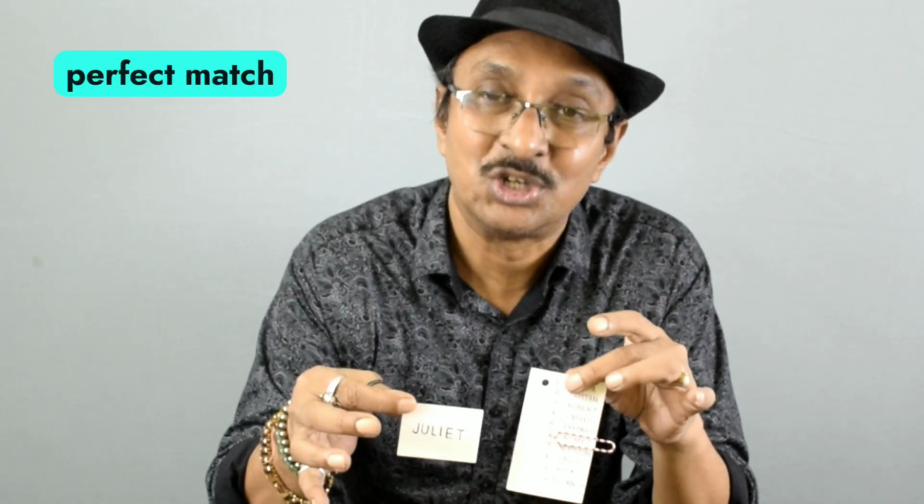What I usually do is invite a couple, maybe a married couple, or they're in love with one another, or a very old veteran couple, and then perform this test with both of them. Finally, they find a perfect match, that is, in this case, Romeo and Juliet, and everybody will be amazed.